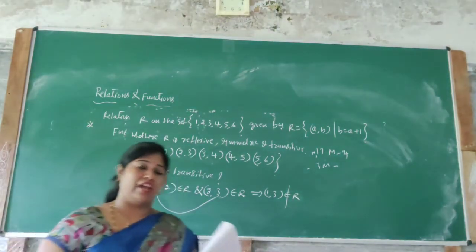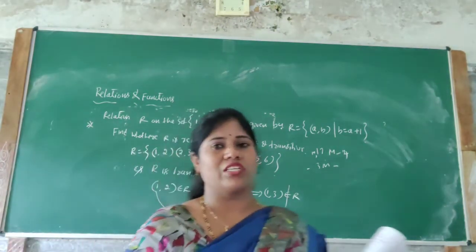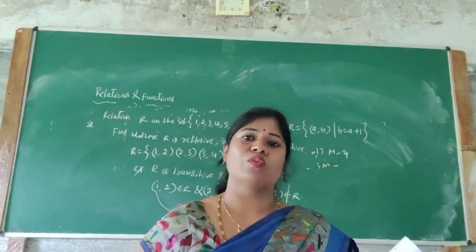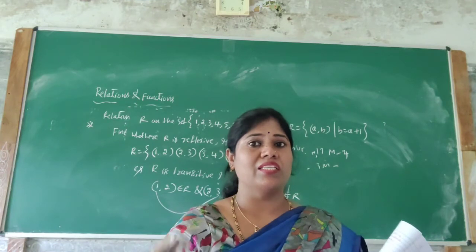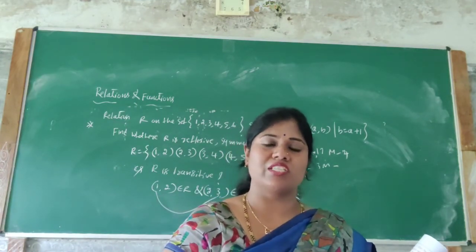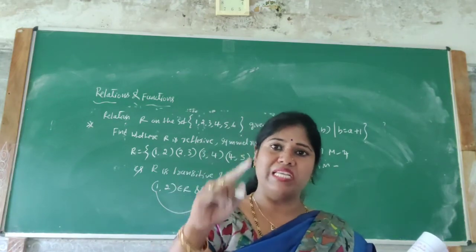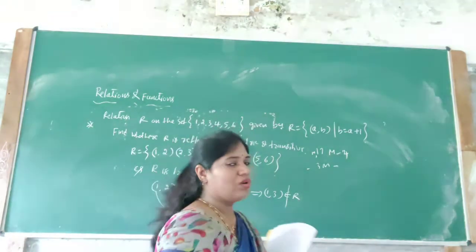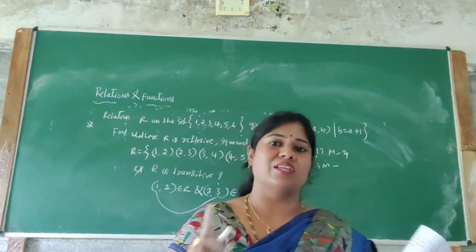According to the transitive relation, if (a, b) belongs to R and (b, c) belongs to R, implies (a, c) should also belong to R. Then only it is called a transitive relation.